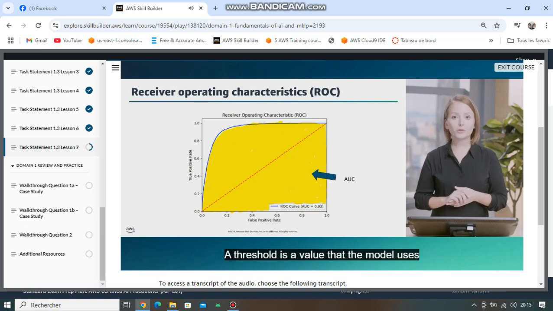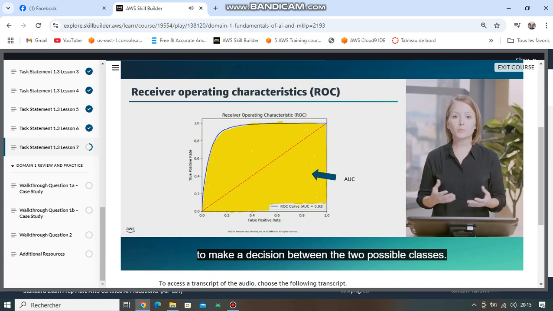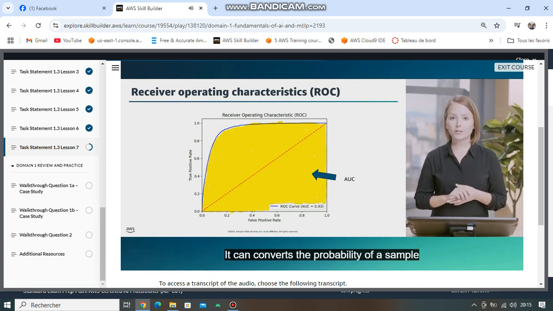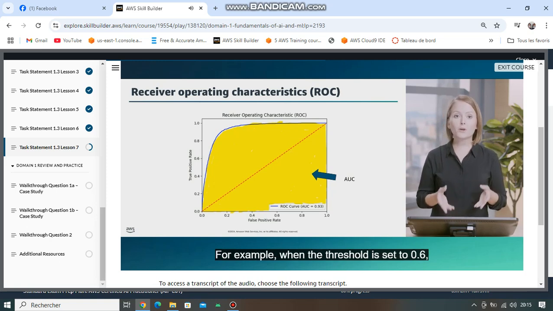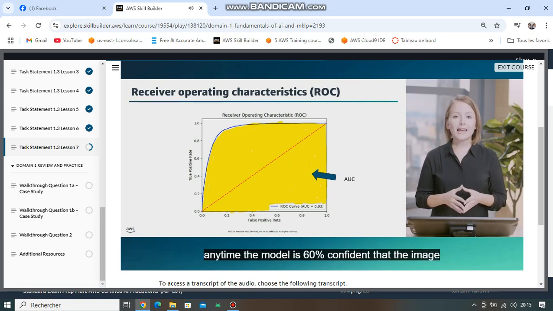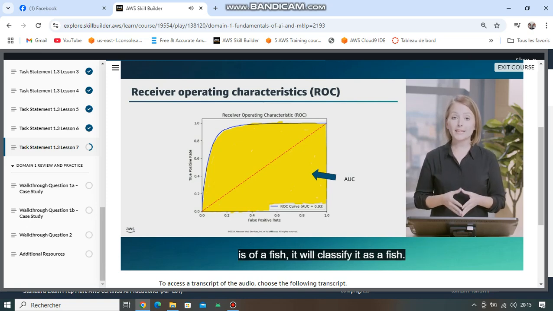A threshold is a value that the model uses to make a decision between the two possible classes. It converts the probability of a sample being part of a class into a binary decision. For example, when the threshold is set to 0.6, anytime the model is 60% confident that the image is of a fish, it will classify it as a fish.